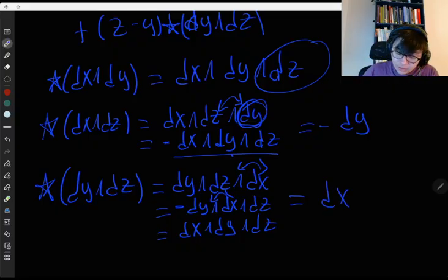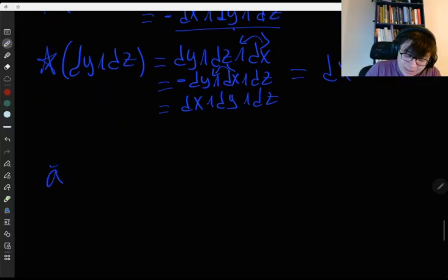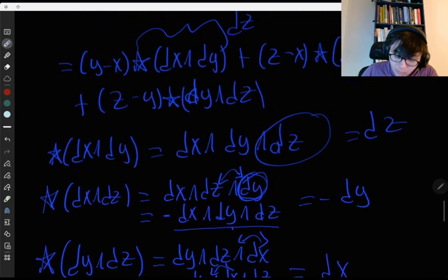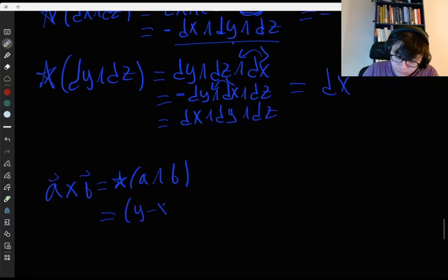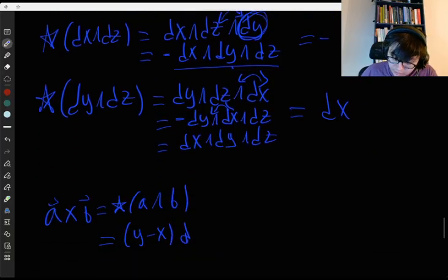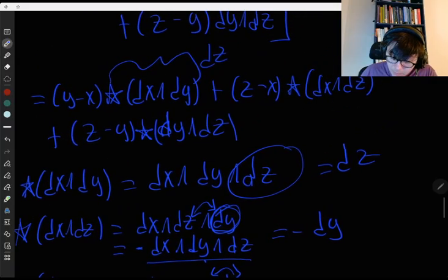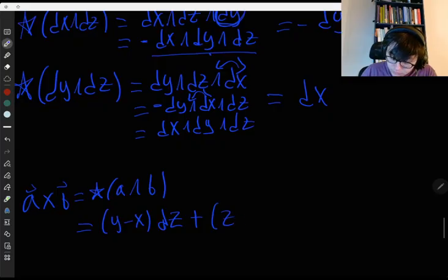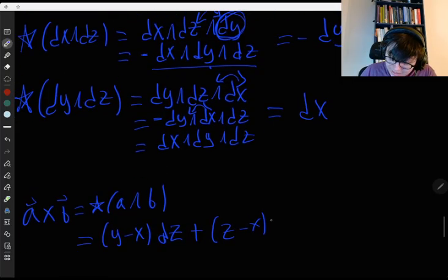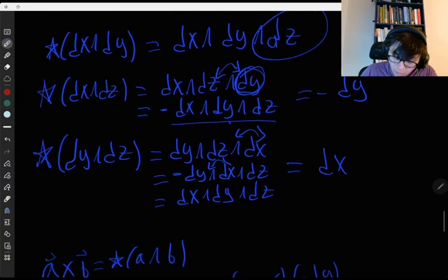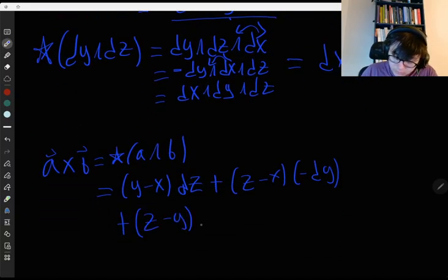So finally, if I rewrite my stuff above, I get A cross B, which is equal to star of A wedge B, is now equal to (y minus x) dz plus (z minus x) times negative dy plus (z minus y) dx.